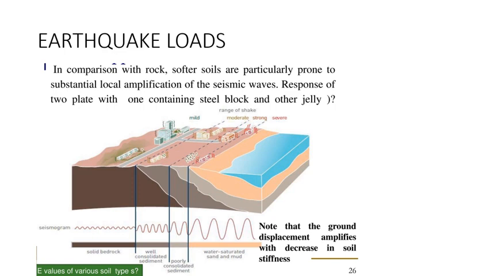Where structures are resting on poorly consolidated sediment, you have a very strong effect of the earthquake. And structures very near water bodies, on water saturated sands, are severely affected. So these are the effects due to the earthquakes.